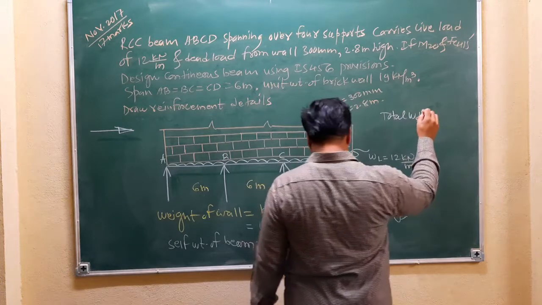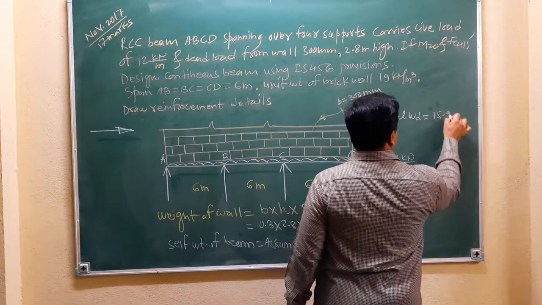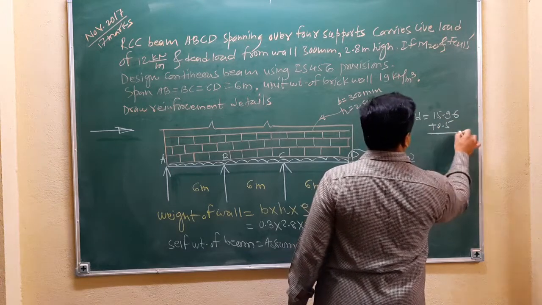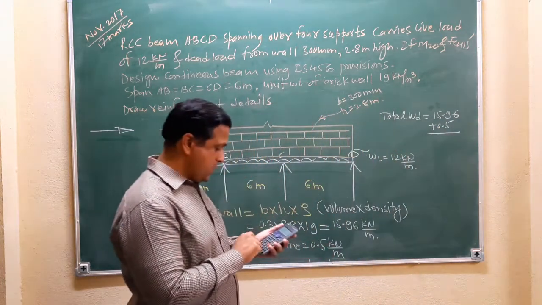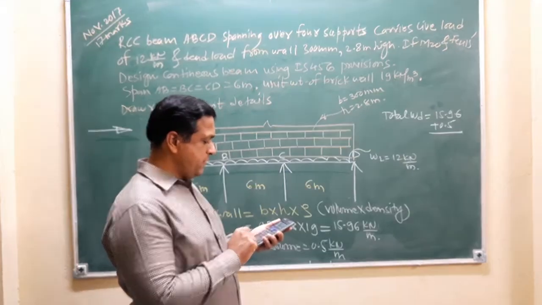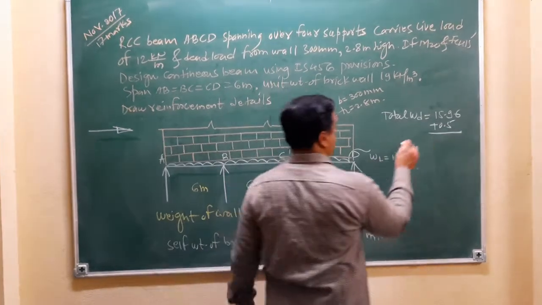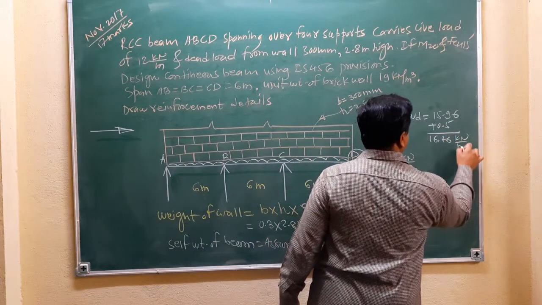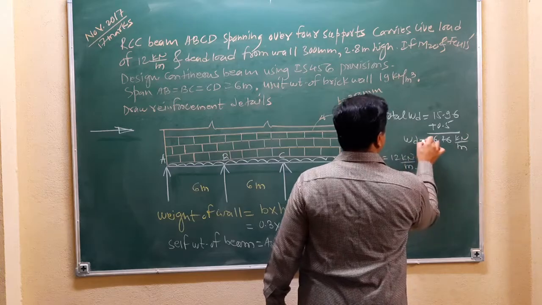Total dead load is weight of the wall, 15.96, plus 0.5, the self weight of the beam. So 15.96 plus 0.5 is 16.46 kilonewton per meter. So this is the dead load acting on the beam.